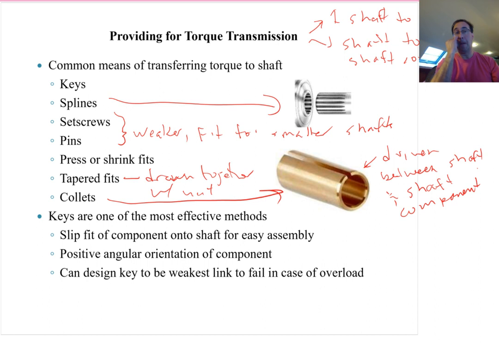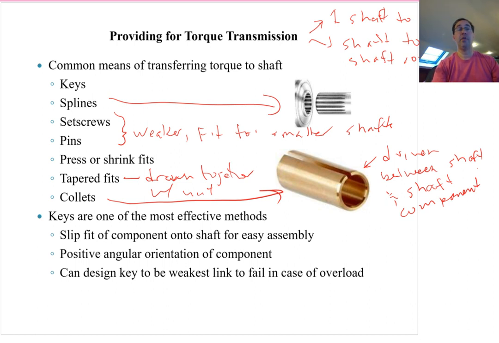As mentioned before, keys are one of the most effective and also one of the most common methods for transmitting torque. There's no particular press fit or precision fit required to get the component onto the shaft. You can use a slip fit. It locks the component into an angular orientation relative to the shaft.